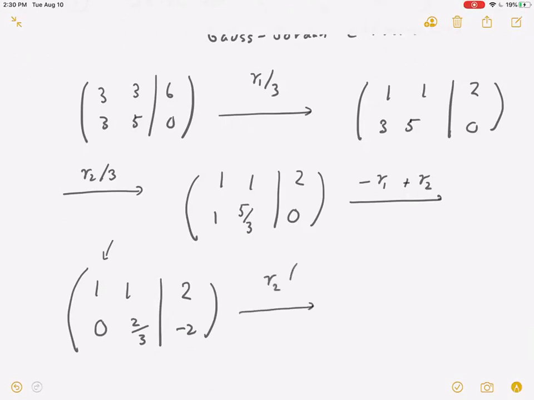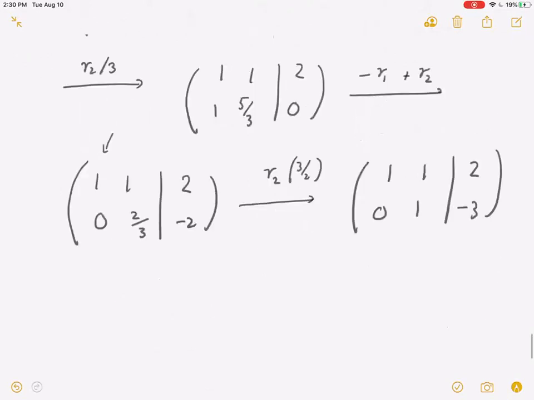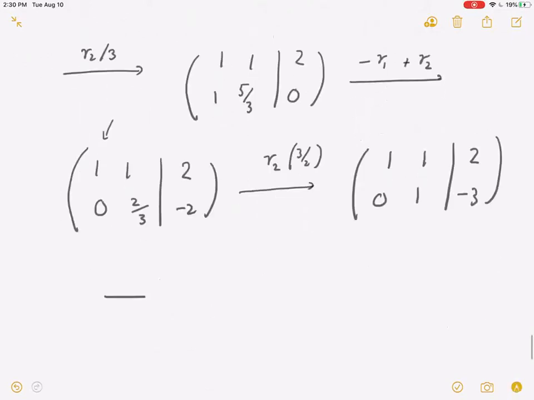Let's take row 2, multiply her by the factor 3/2. That's going to give me an unaltered row 1, but row 2 is going to look like this. So we're almost at the stage of reduced row echelon form.